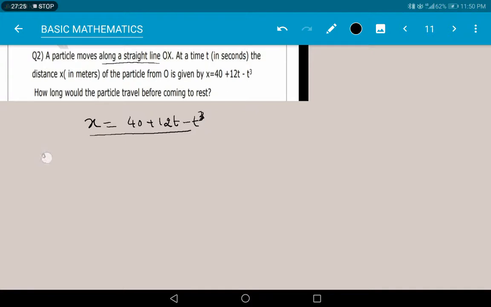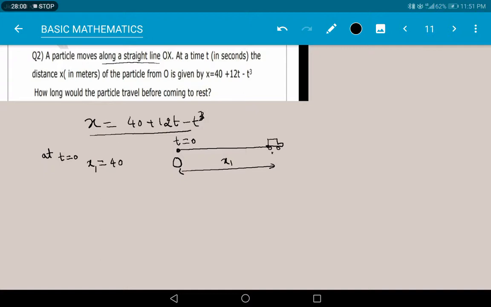So first with respect to O, the object is here. That means at time t equals 0, what is the position? At t equals 0, we get x equals 40. That means the initial position from O to the given function is 40. This is the initial position. Right.